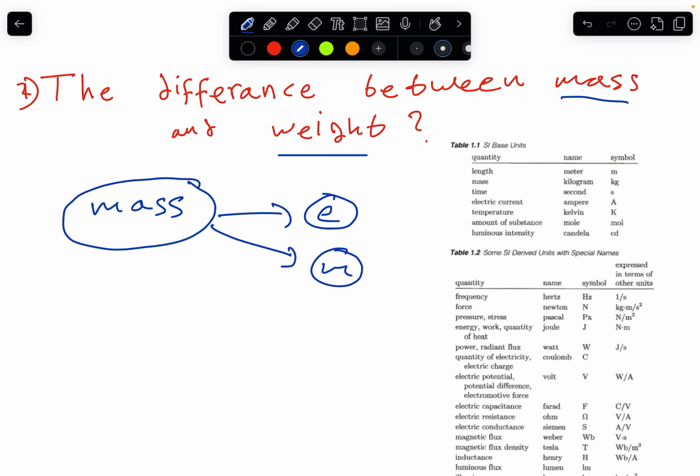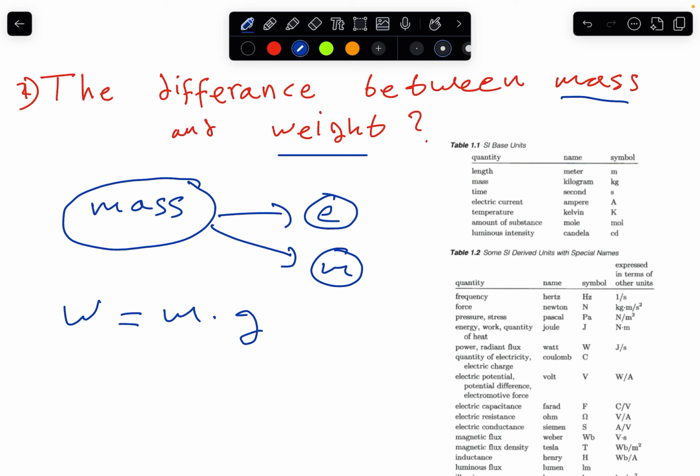But weight is equal to this mass times g, which is the acceleration of gravity.